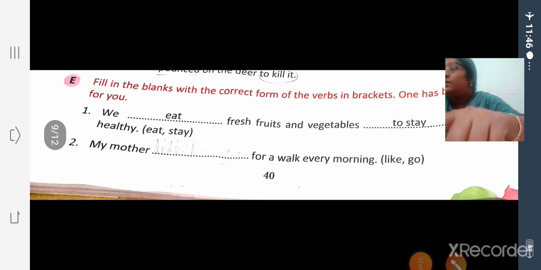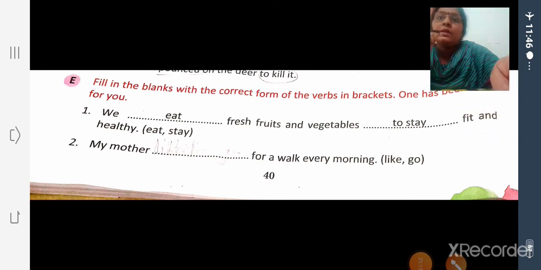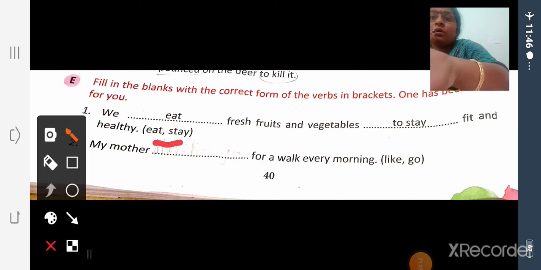Then fill in the blanks with the correct form of the verbs in brackets. One has been done for you. First one: we dash fresh fruits and vegetables to stay fit and healthy. We have to give the correct form of these verbs.